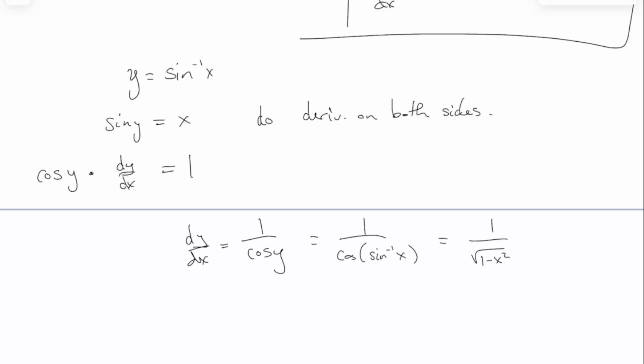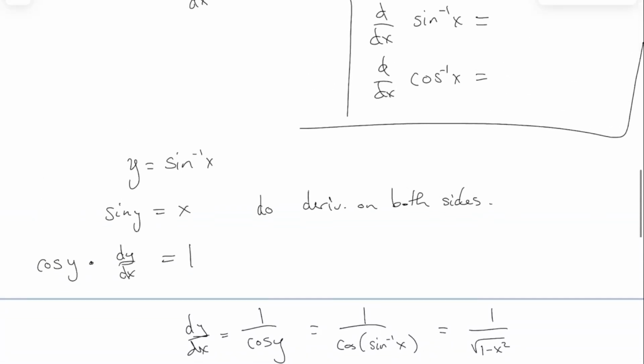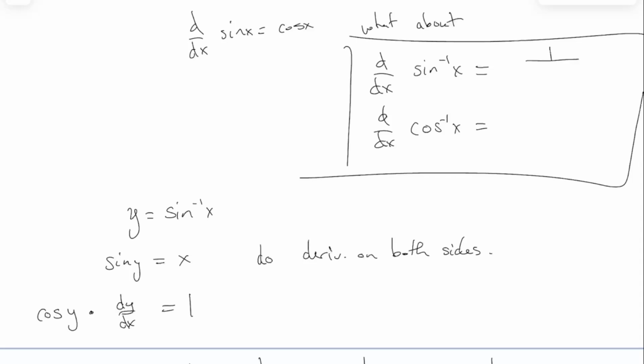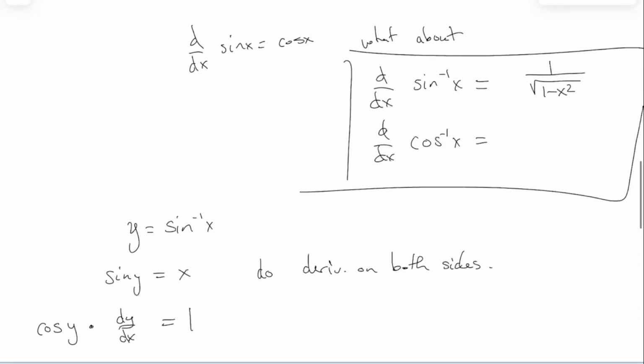All right? So this is the answer. That's what I'm going to put in my formula box here: 1 over square root of 1 minus x squared. To me, it's kind of remarkable that you get an answer which has nothing to do with trig functions at all. It's just some vaguely polynomial-looking thing. That is the derivative of inverse sine of x.